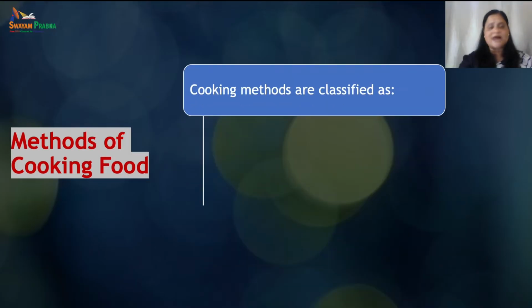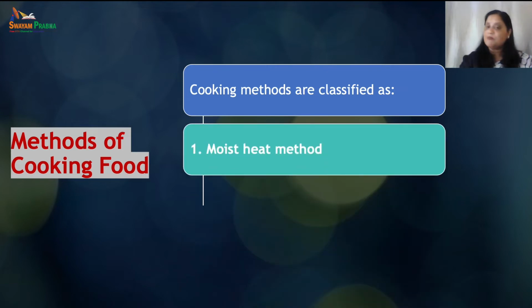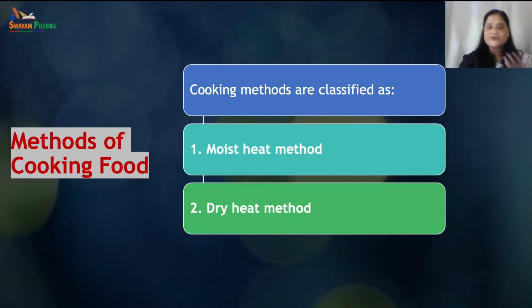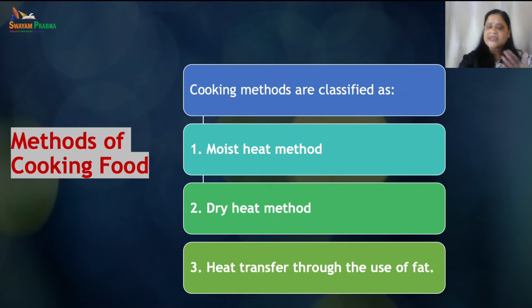Cooking methods are classified as moist heat method, dry heat method, and heat transfer through the use of fat. Each method has its own further classification based on the medium used.